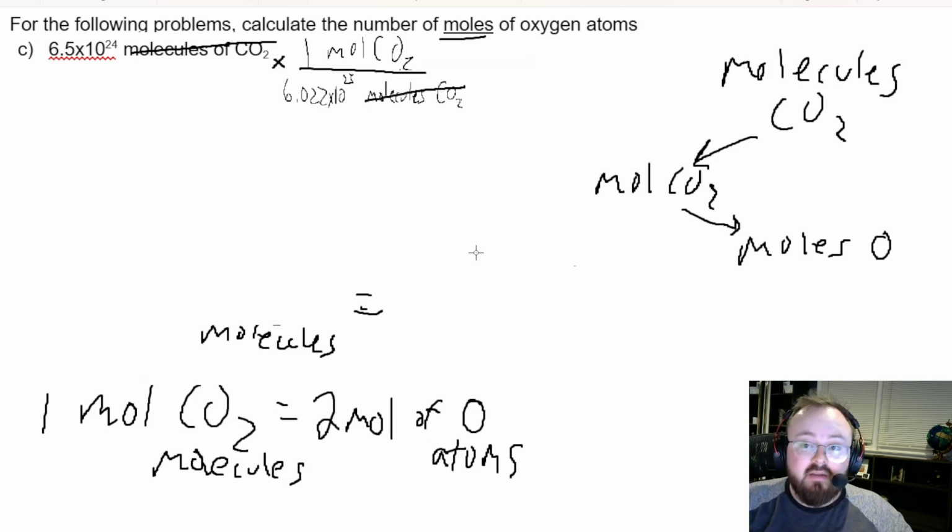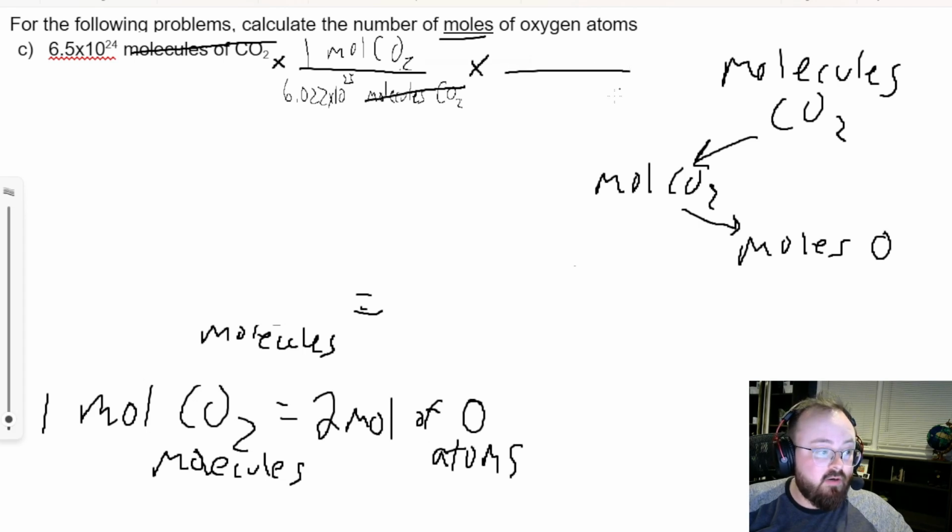However, my unit is still carbon dioxide, which we want to get to oxygen. So I need to add another conversion. Our conversion here is going to use our hamburger analogy. I have moles of CO2 on the top, so I need to have moles of CO2 on the bottom from my conversion factor.